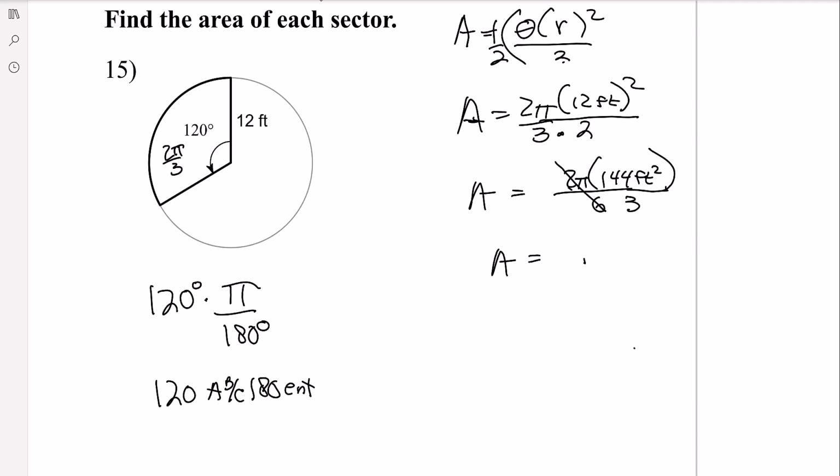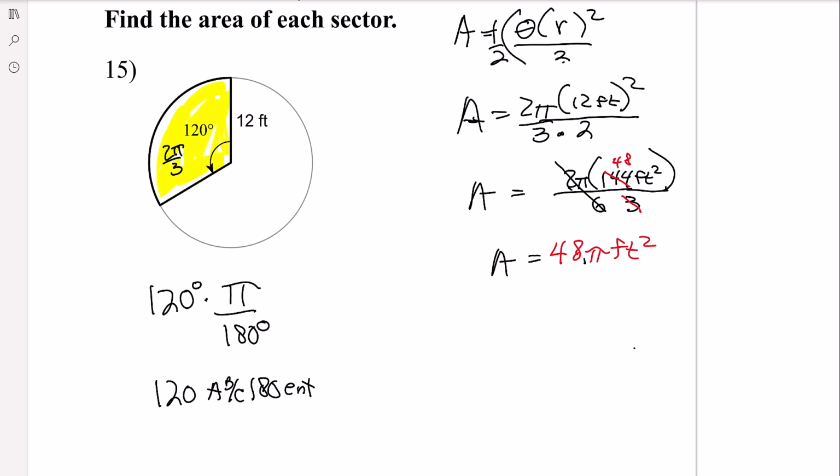So 2 goes into 2 once, 2 goes into 6 3 times. So now 144 divide 3, so that cancels to 48. So now we have 48 pi feet squared, and that's for the area, that's this inside area.